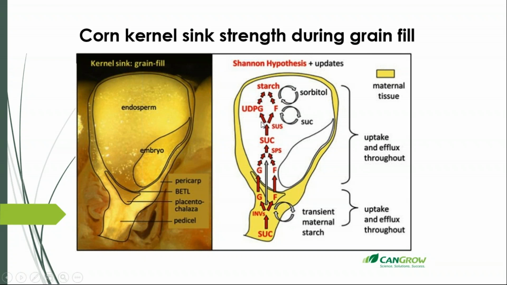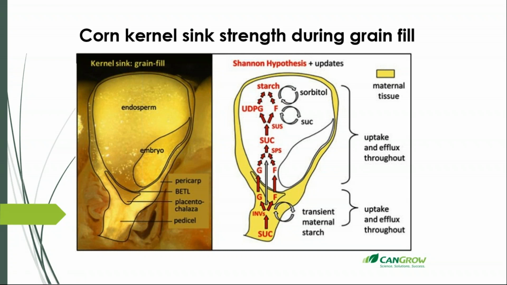As that sugar comes in, it is converted into starch. The rate of conversion of sugars into amylose, into starch, has a significant impact on the size and development of that kernel. The gateway, this BETL, this basal endosperm transfer layer, is also important.